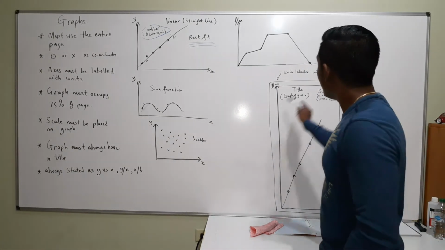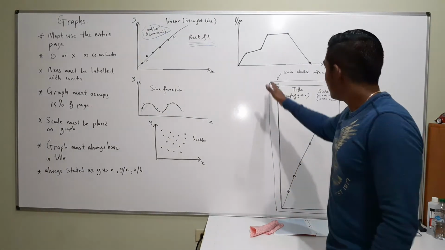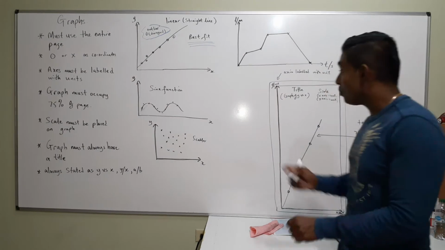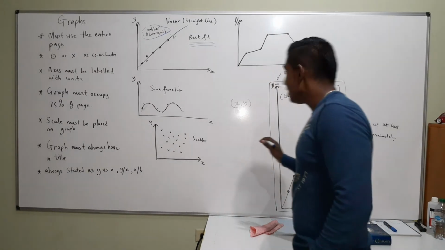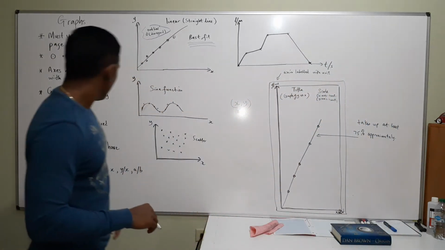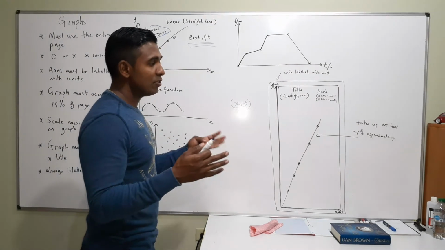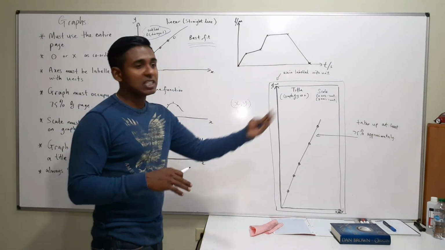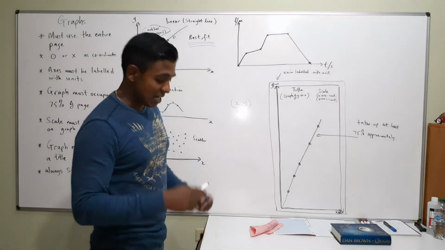The graph must always have a title, and generally it's in the form Y versus X. We still plot our regular coordinates as X and Y, but when we tell you to plot a particular graph and give you two things, like displacement versus time, then displacement is on the Y, time is on the X.